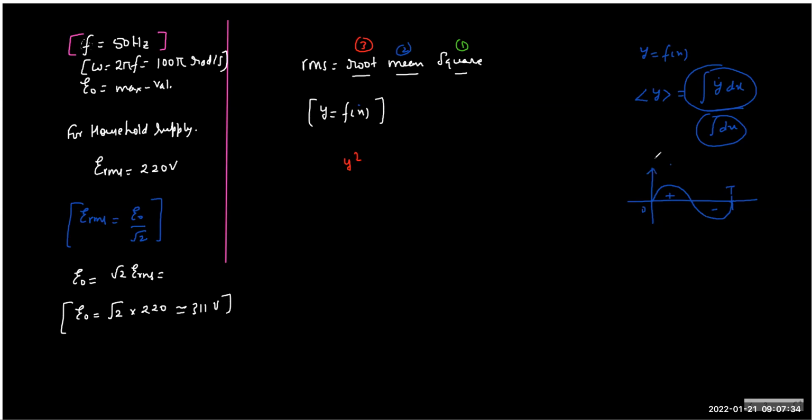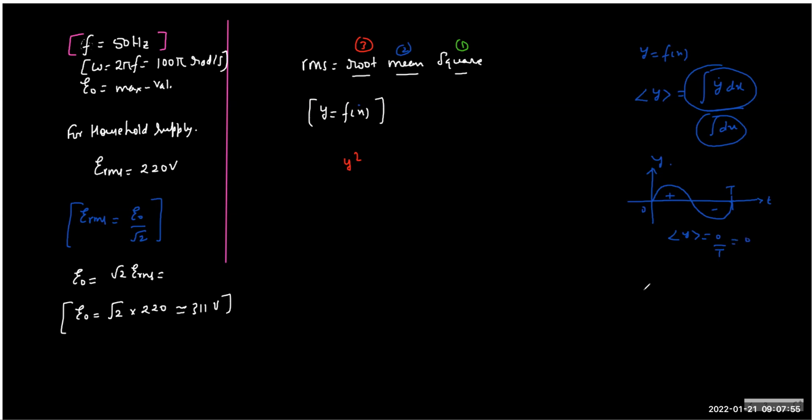So the average of this function is 0 for the interval, because the definition of average is area upon interval. Now you can see the area is 0 because we have the positive area and the negative area, the total area is 0, and 0 upon t is 0.